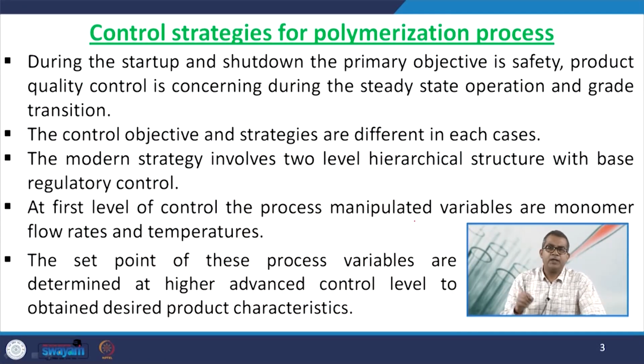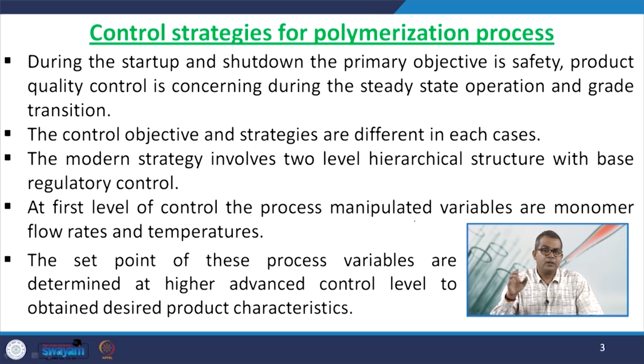Then you need to look into the control objectives and strategy protocols. Now these are different in each case. There are modern strategies involving a two-level hierarchical structure with base regulatory control. Usually at the first level of control, the manipulated process variables are monomer flow rate and temperature.